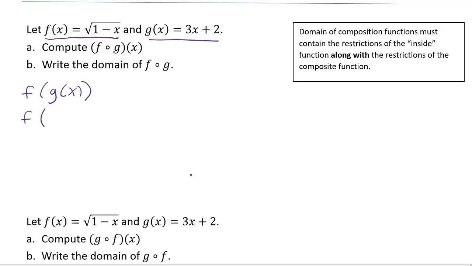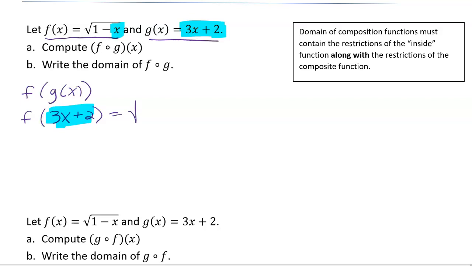I like to rewrite that as f of 3x plus 2. So you're just taking this g function and putting it inside your parentheses here to indicate this is my new input for the f function. Then I'm going to go to the f function, and wherever I have a variable, I'm going to stick the 3x plus 2 in there.